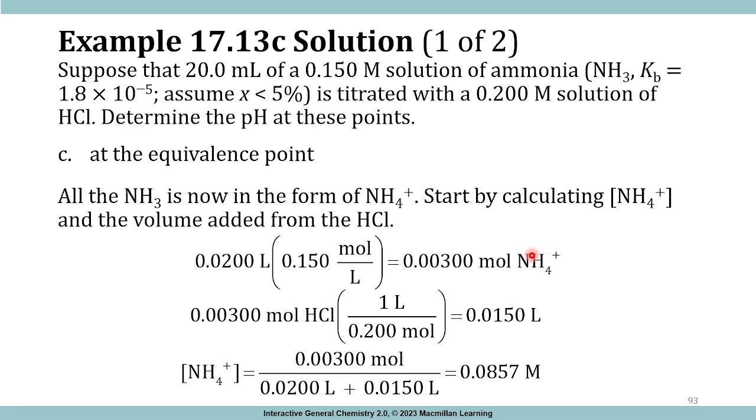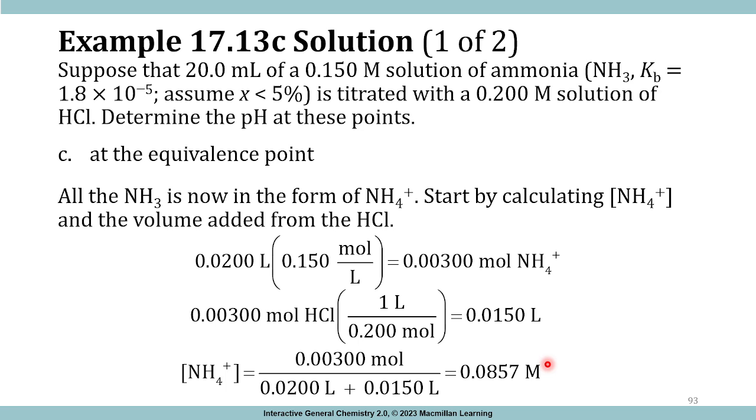So now we have moles of our weak acid, and we have the volume of it that was added on the two areas. So we have the 20 milliliters and the 15 milliliters here. And so what we're going to do is we'll take the moles of our weak acid, divide it by the total volume, which is 20 milliliters plus 15 milliliters. Those need to be divided by 1,000 to get liters, of course. And that gives us our molarity.